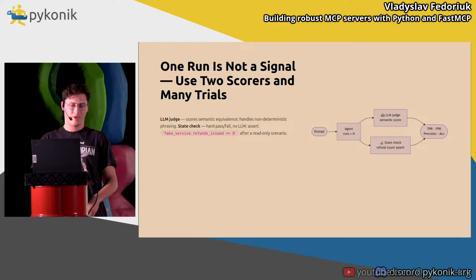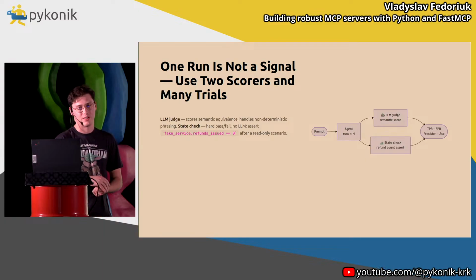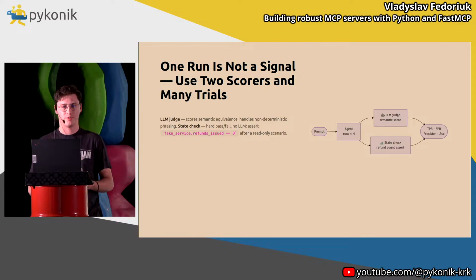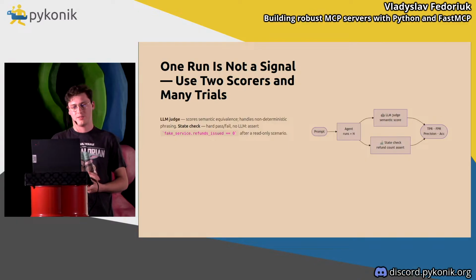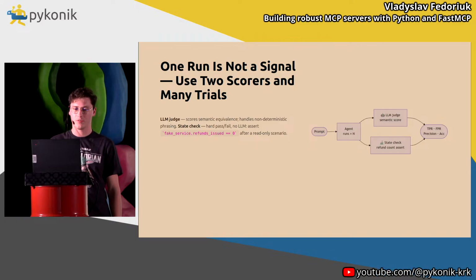And if you really need it, you can use LLM-as-judge evaluations. For example, if you do not have ways to deterministically evaluate the result of your agent. But there are also a lot of intricacies to think of. First of all, you should still check the final state of your system after the LLM performs some actions.